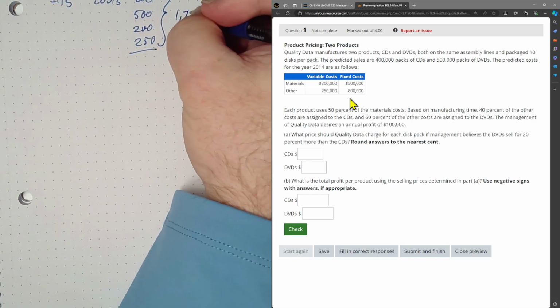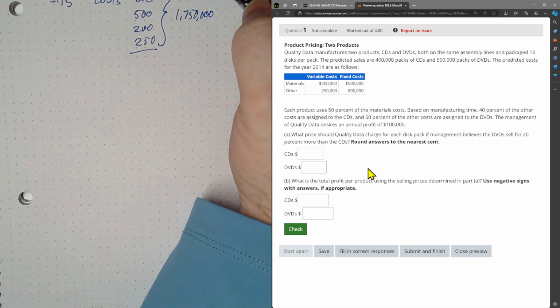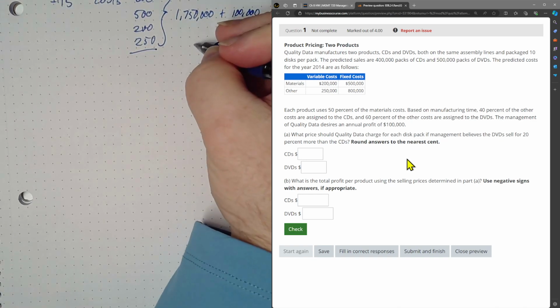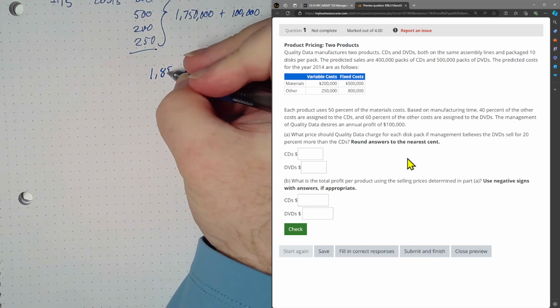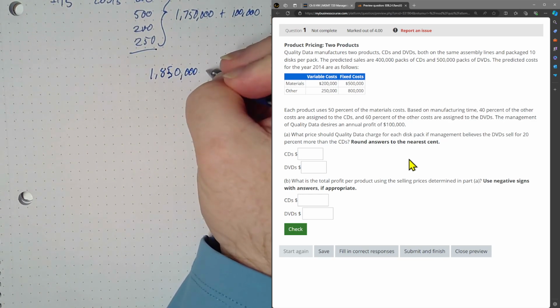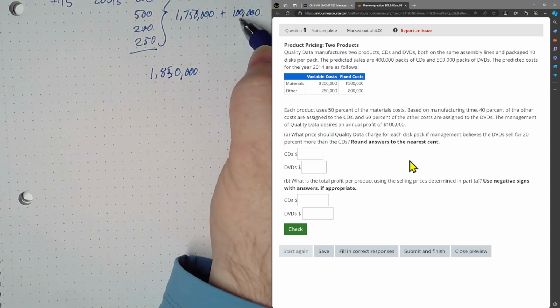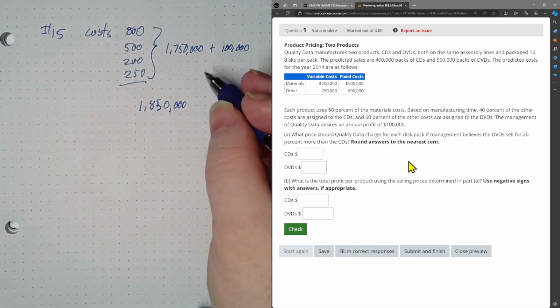So 1.75 million are the costs, and it says it wants 100,000 in profit. So the total amount is going to be 1.85 million. This is the amount of money we need to bring in to cover costs and profit.